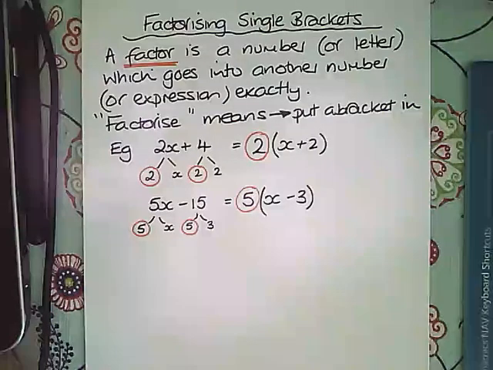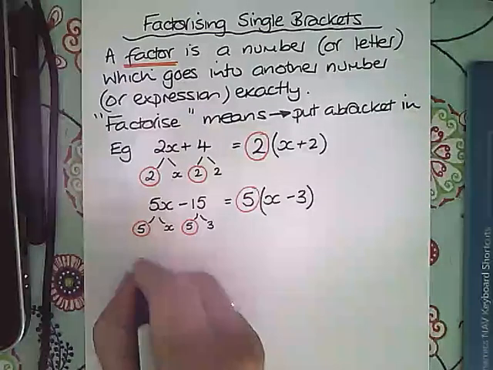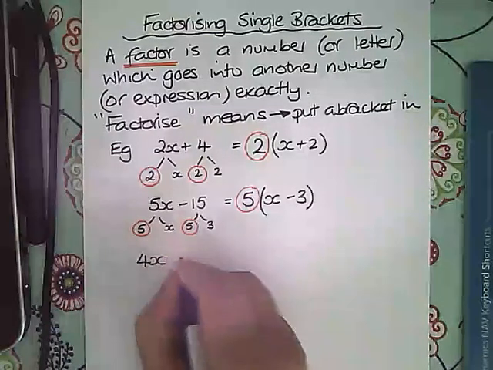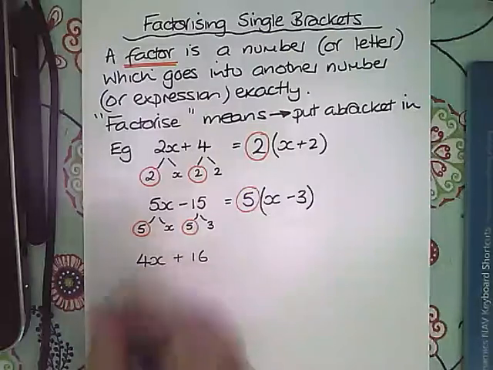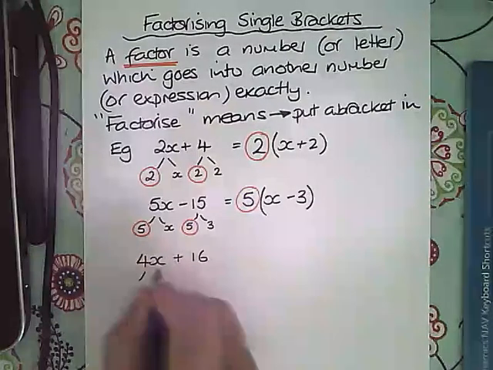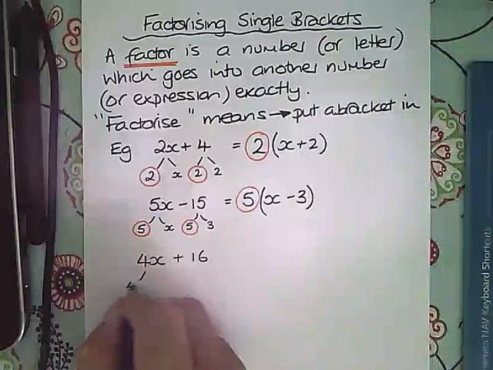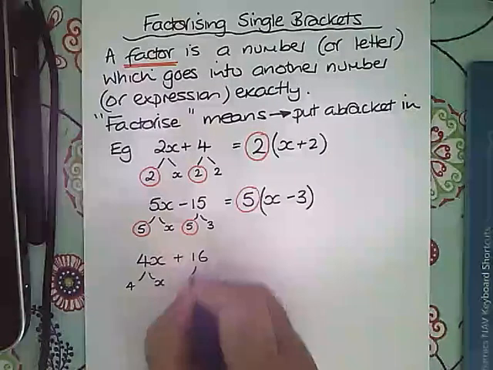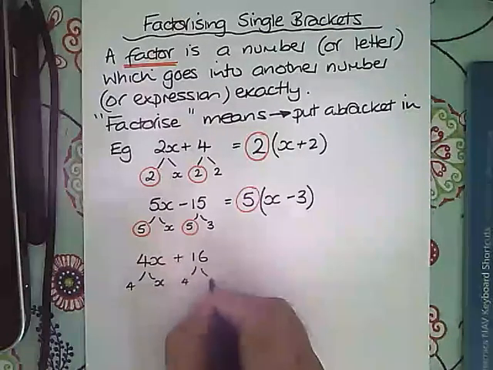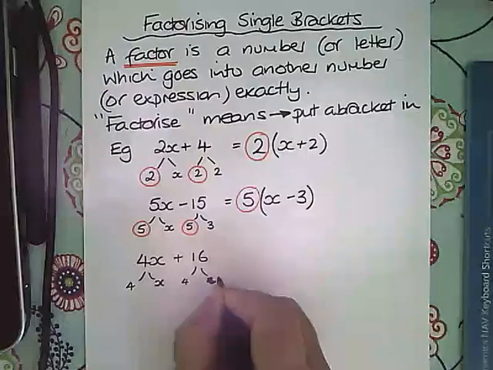When you are asked to factorise, you are usually asked to factorise fully, and that means you need to take the largest number you possibly can outside the bracket. If we look at this example, 4x plus 16, and I do a factor tree here, starting off very simply, 4 times x, and here 4 times 4.